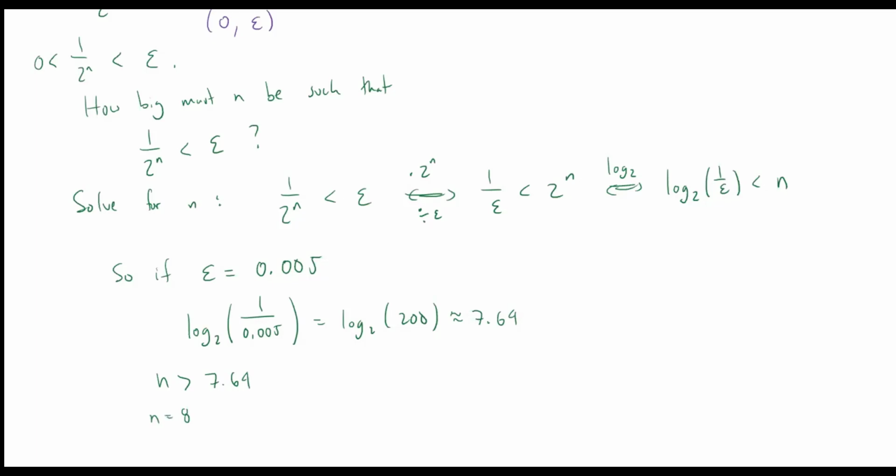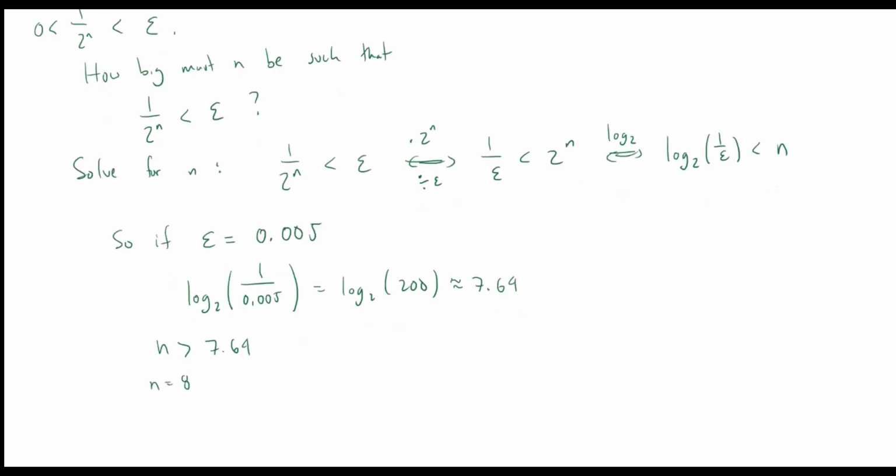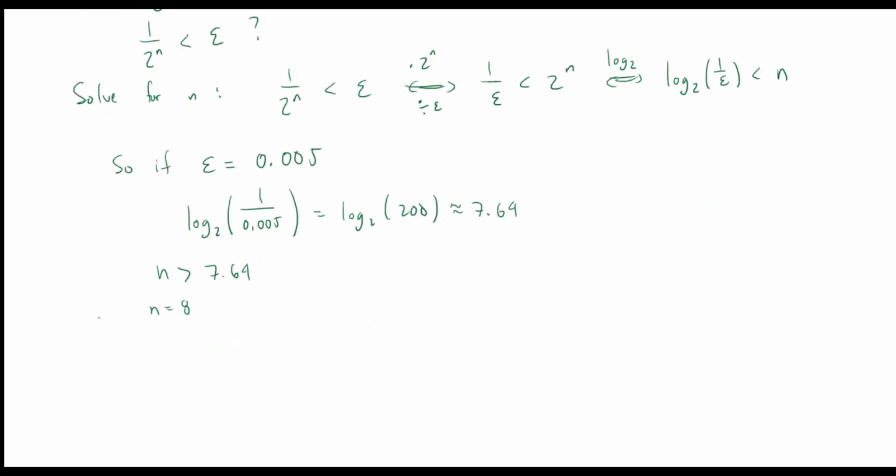Remember, n is the exponent though. So let's see, when n is equal to 8, what does the tail look like? We're starting at 1 over 2 to the 8th power, 1 over 2 to the 9th power, and so forth. 2 to the 8th power, that's 1 over 256?